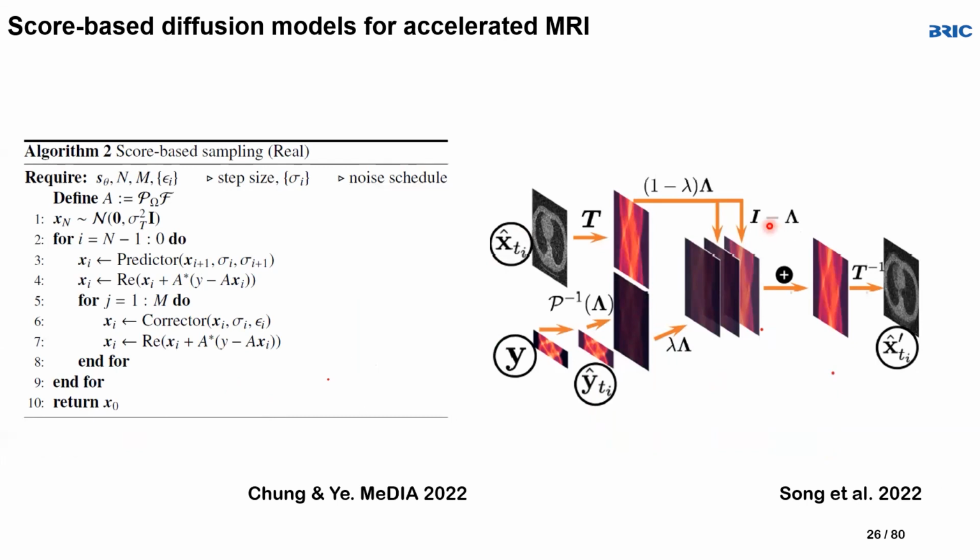Using the intermediate sample x_t hat, we first transform the image to the measurement domain. In the measurement domain, we replace the values in the indices that are known from Y with the values that we have already, and keep the values in the rest of the mask intact. This is a form of projection, and we iterate this process over and over again.